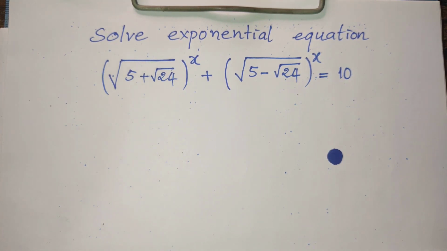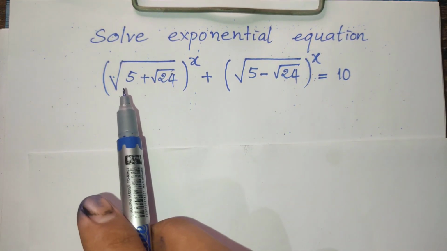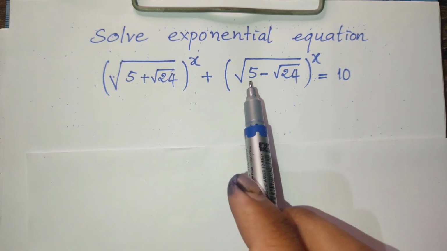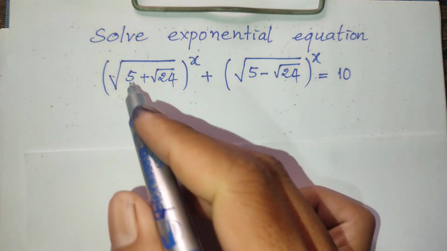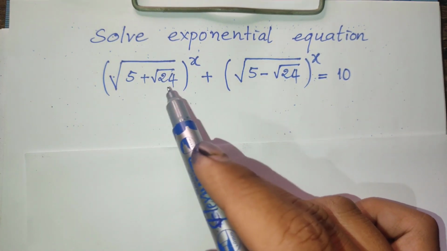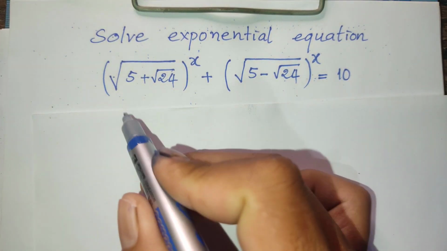Okay, to solve this equation, we have these two bases: square root of 5 plus square root of 24, and square root of 5 minus square root of 24. I multiply these bases of the equation.